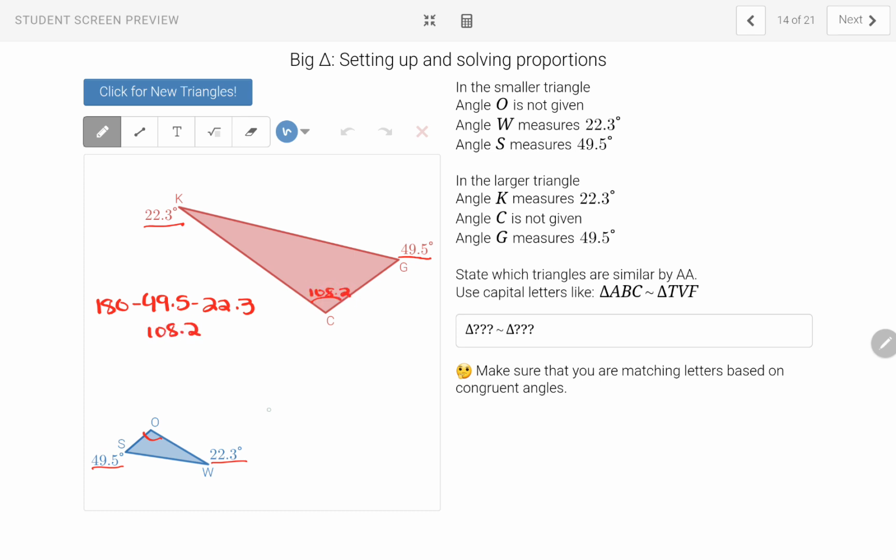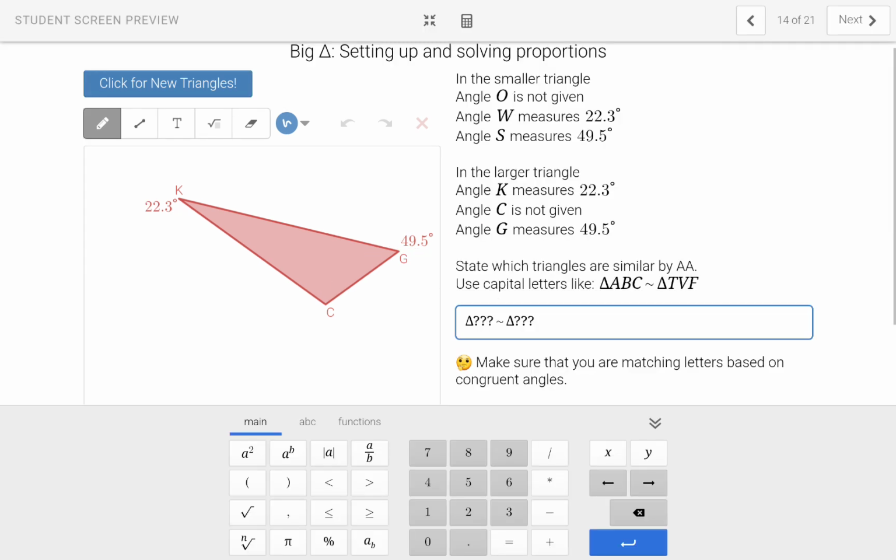Even if we wrote it out as 49.5 minus 22.3, those are the same numbers, so you're going to end up with 108.2. When you're proving triangles similar, we only have to prove that two of the angles are the same in the triangles. So it says state which triangles are similar by AA.